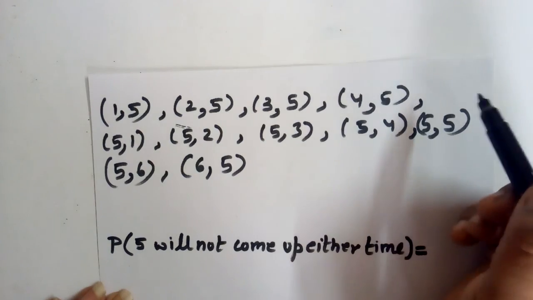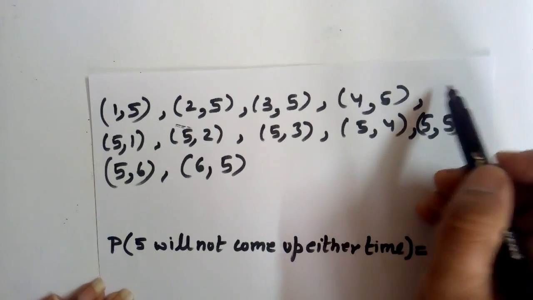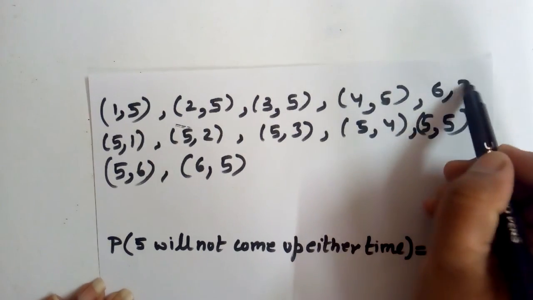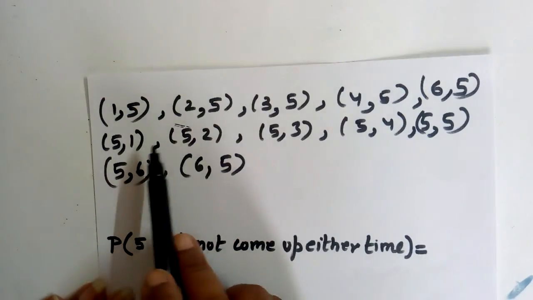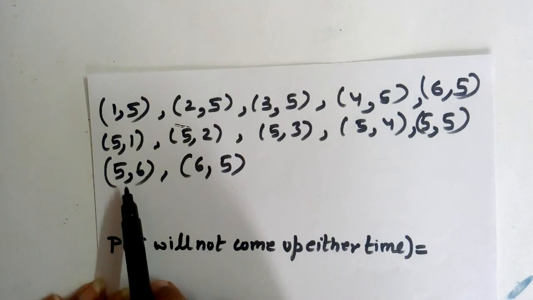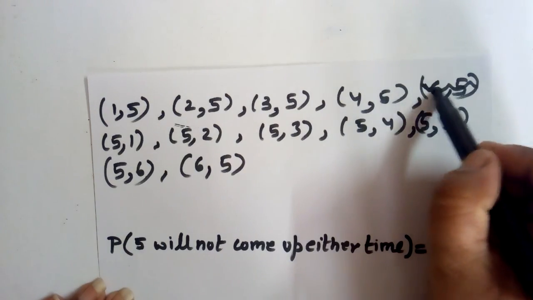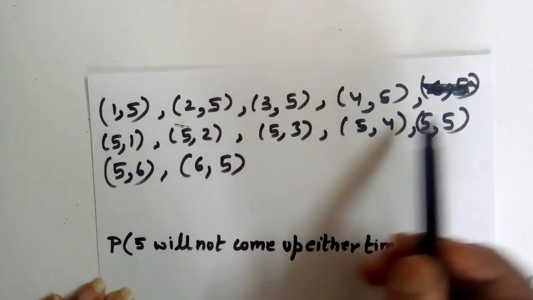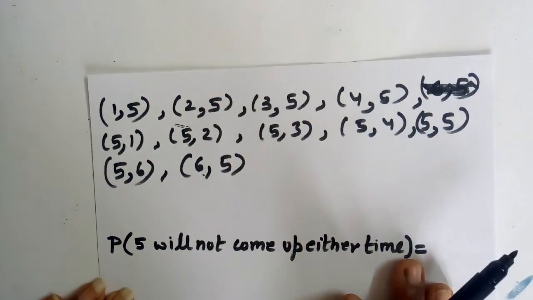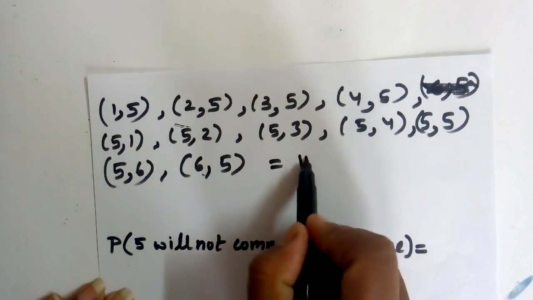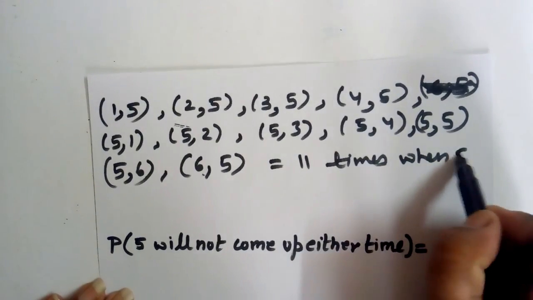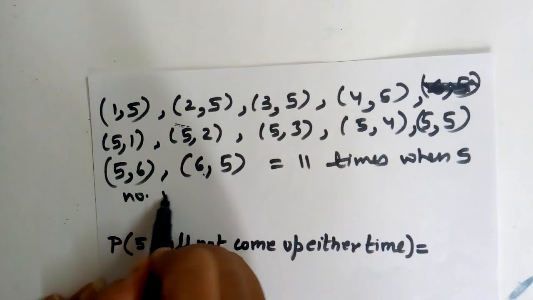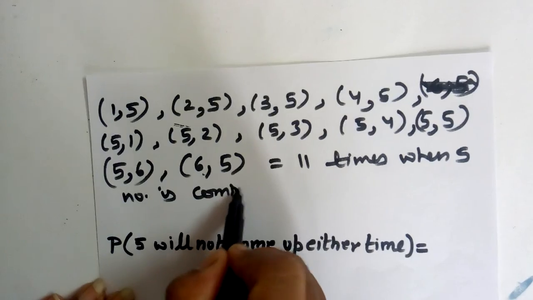Counting: 1, 2, 3, 4, 5, 6, 7, 8, 9, 10, 11. Here 5 5 is repeating once, so we have a total of 11 times when the number 5 is coming.